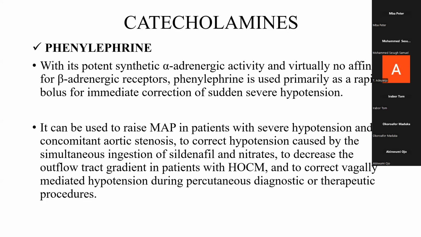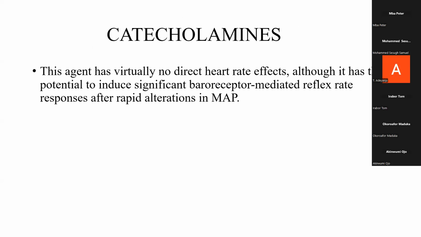These are the ones where you just want to concentrate on vasoconstriction and raising the BPs, because in most of these conditions you don't want to stimulate beta 1 receptors, because you may worsen the outcomes when you do that. Okay, next slide.